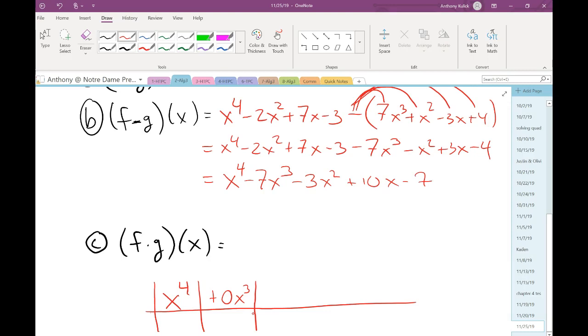Notice we go from x to the fourth to x squared, and we have no x cubes. So for this grid to work in its best way, we need to put a 0x cubed there to fill that spot. Then I have minus 2x squared plus 7x, and then minus 3.